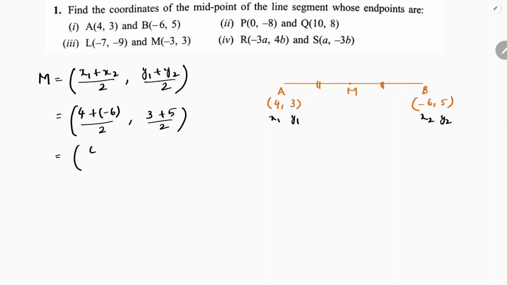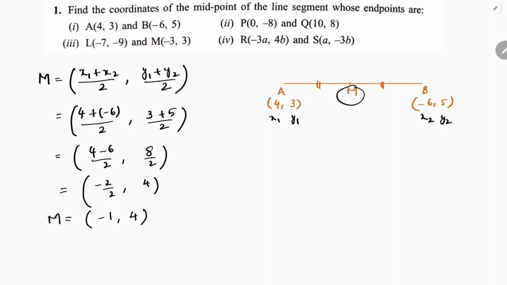So 4 plus minus 6 is minus 2 by 2, 3 plus 5 is 8 by 2. 8 by 2 is 4, and minus 2 by 2 is minus 1. So the midpoint of AB is minus 1 comma 4.